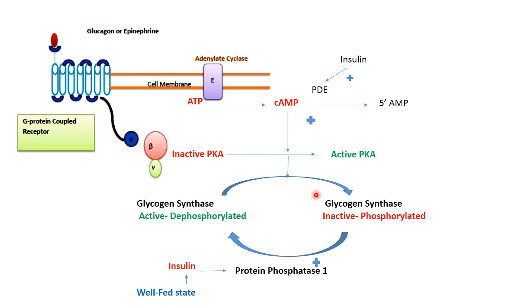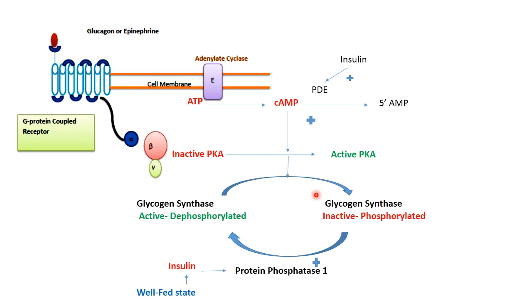Next, when does it occur? It occurs when we are in well-fed condition. That means the glucose concentration is very increased in our plasma. It leads to release of insulin from the beta cell of the pancreas. Now, why is it stored as glycogen? Because glucose is osmotically active and that may cause osmotic damage to the cell.